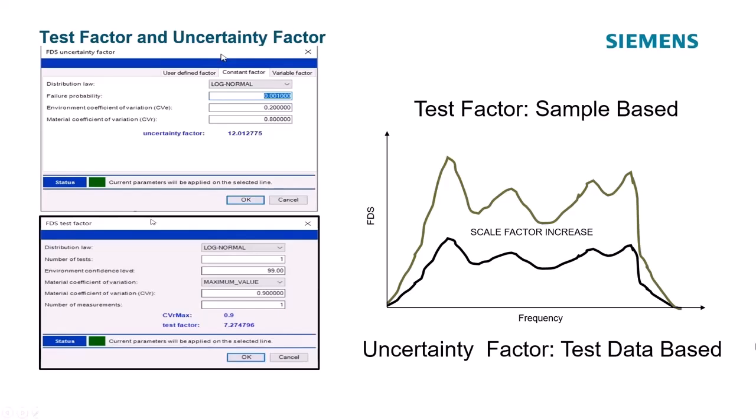You can do a user-defined factor, a constant factor based on some materials, or you can do a variable factor. So if you took 20 runs, you could see how consistent the runs are. I don't see this one used as much, but it's a way to account for how confident you are that the loads you put into the system actually represent the total time that you use it for.